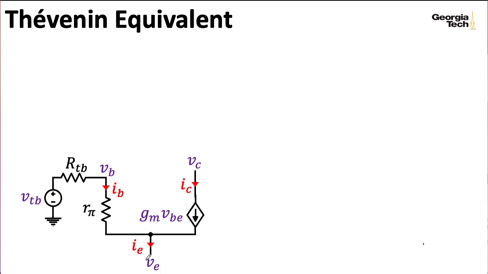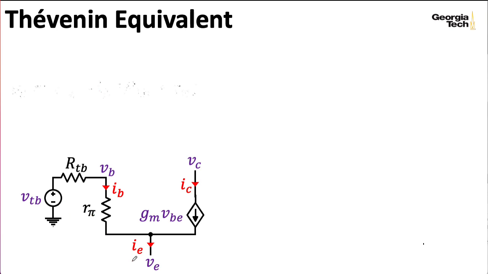Here, like with the base computation that we did in the previous lecture, instead of going through all that formalism, I'm just going to write down a KVL equation for this loop here and hope that a Thevenin equivalent looking thing magically pops out. It could happen.